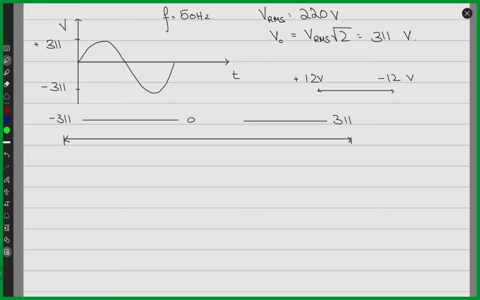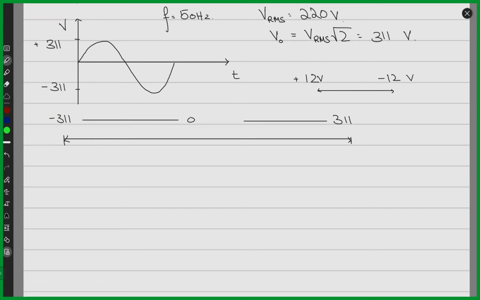If you give a computer a varying voltage that goes from 0 to 311, and then to minus 311, in a very short amount of time, because it's doing that 50 times, it's constantly changing its voltages, and the computer is not capable of handling that. The components inside a computer will just blow up because they cannot handle these significant changes in the voltages.